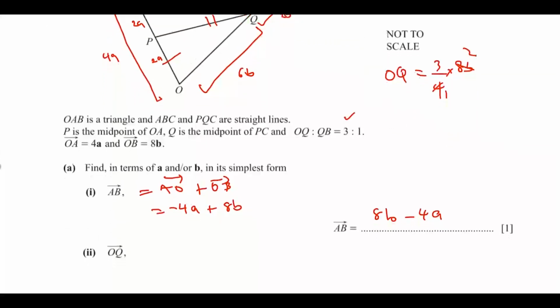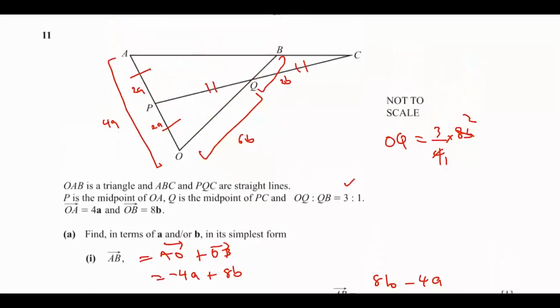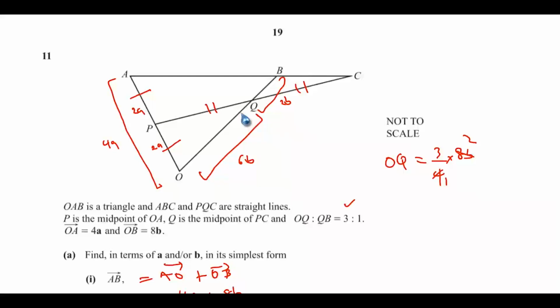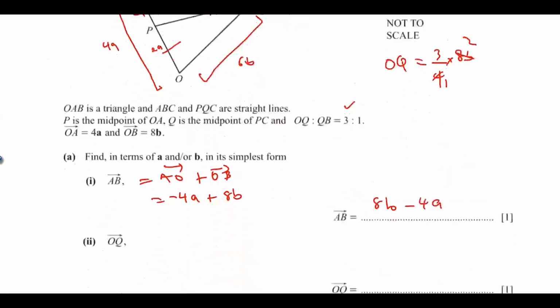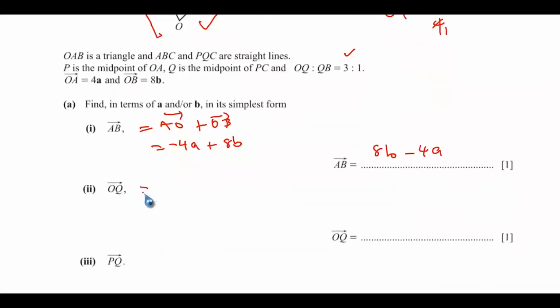Roman figure 2. OQ will be equal to OB minus QB. Let's write here, OQ will be equal to OB, then minus QB.